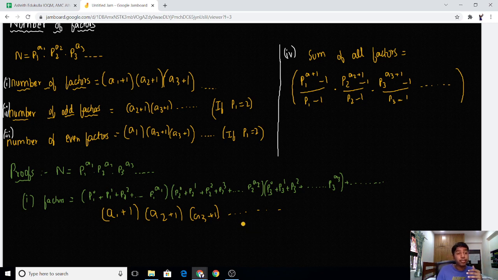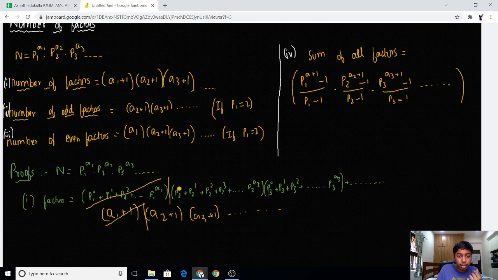Now if you want to find the number of odd factors, I'm assuming this is 2 power 0, 2 power 1, 2 power 2. If you just remove this term, you get a2 plus 1 into a3 plus 1, and you're not considering this for a moment.